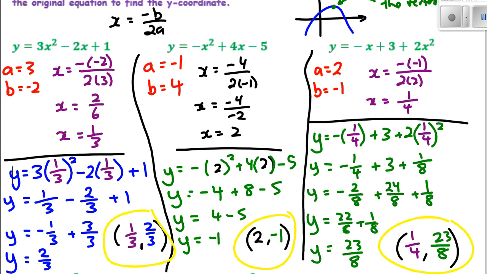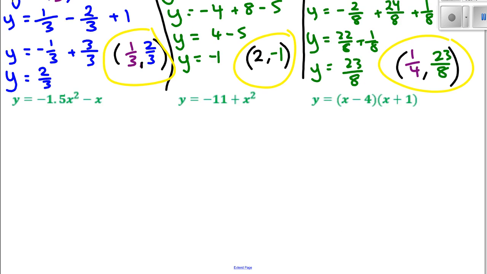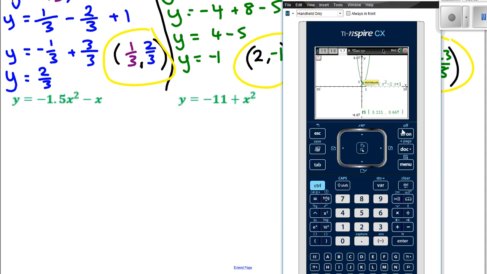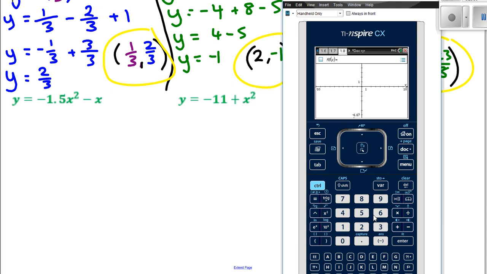We're almost there. Yep, still more. If you want to do these ones by calc, to practice your calc, that maybe is a good idea. In fact, I'm going to do that because I've already given a few examples. I need to make sure you're really good with your calc. So here it is, it's negative 1.5 x squared minus x.